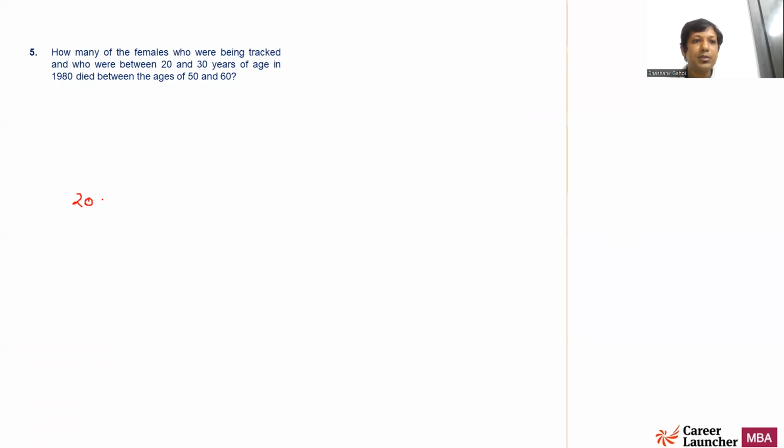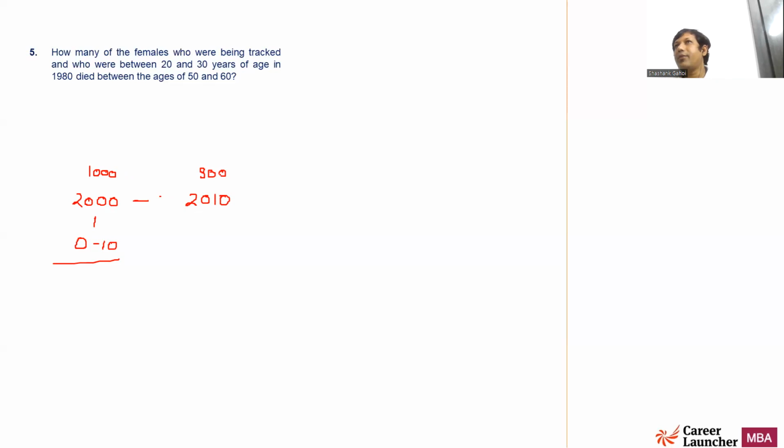In 2000, I have certain people of age group 0 to 10. In 2010, if I'm calculating the population, let's say we have 1,000 people here, then this is 900 people. So 100 people have died from 2000 to 2010.